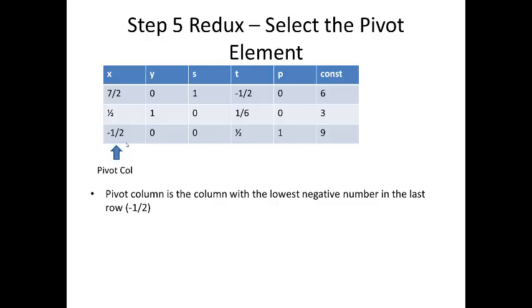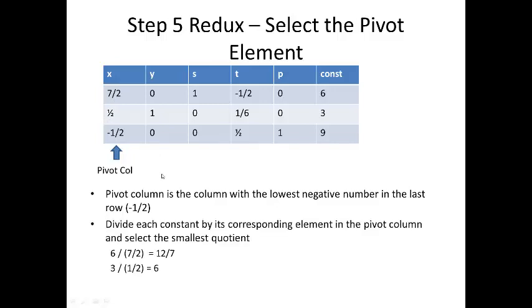We do that by taking the constant and dividing it by the corresponding entry. So 6 divided by 7/2, and 3 divided by 1/2. We get 12/7 and 6, and certainly 12/7 is smaller than 6. So we select 7/2 as our pivot element.